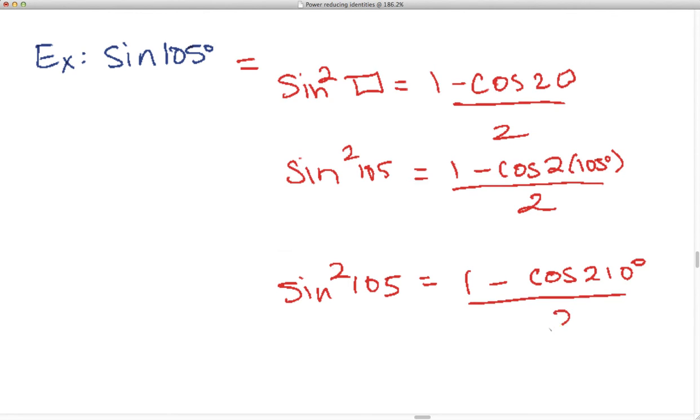Well, you should remember the cosine of 210. 210 is in the third quadrant, and it's got a reference angle of 30 degrees. All right? 210 is the 180 plus the remaining 30. So what you can do is you can just look up the cosine of 30. If you forgot that, just go back to your chart.